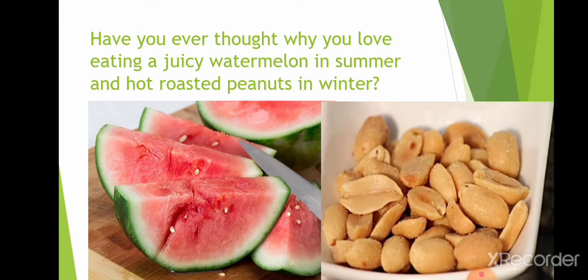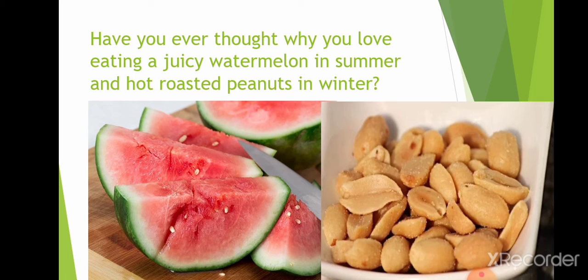And there is a question for you. Children, have you ever thought why you love eating a juicy watermelon in summer and hot roasted peanuts in winter? All these things we like and dislike because of our environment, because of weather and climatic conditions, because of temperature.